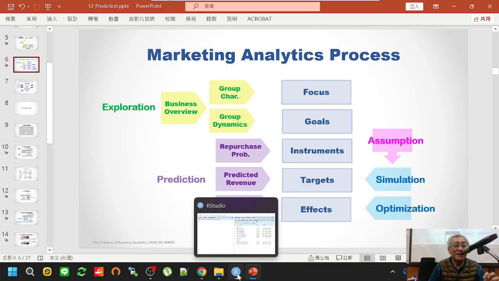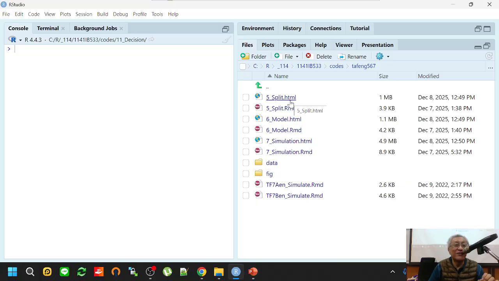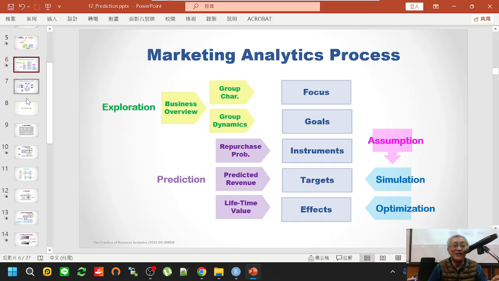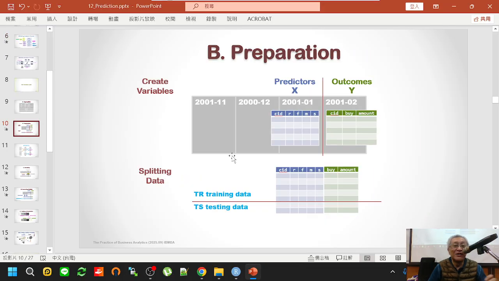So now let's take a look at the first notebook. It's called Split. As I mentioned, basically we need to split the data and aggregate the data again before we build the model and do prediction. We need to do this, right?